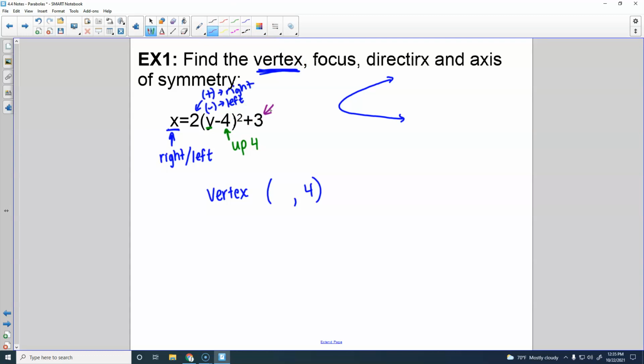Left or right? It is right 3, because it is not inside of the parentheses, so it is going to go in the direction that you see. Positive direction is right. So to the right 3 means we're going to have a positive 3 for our vertex. So our vertex here is at 3, 4.